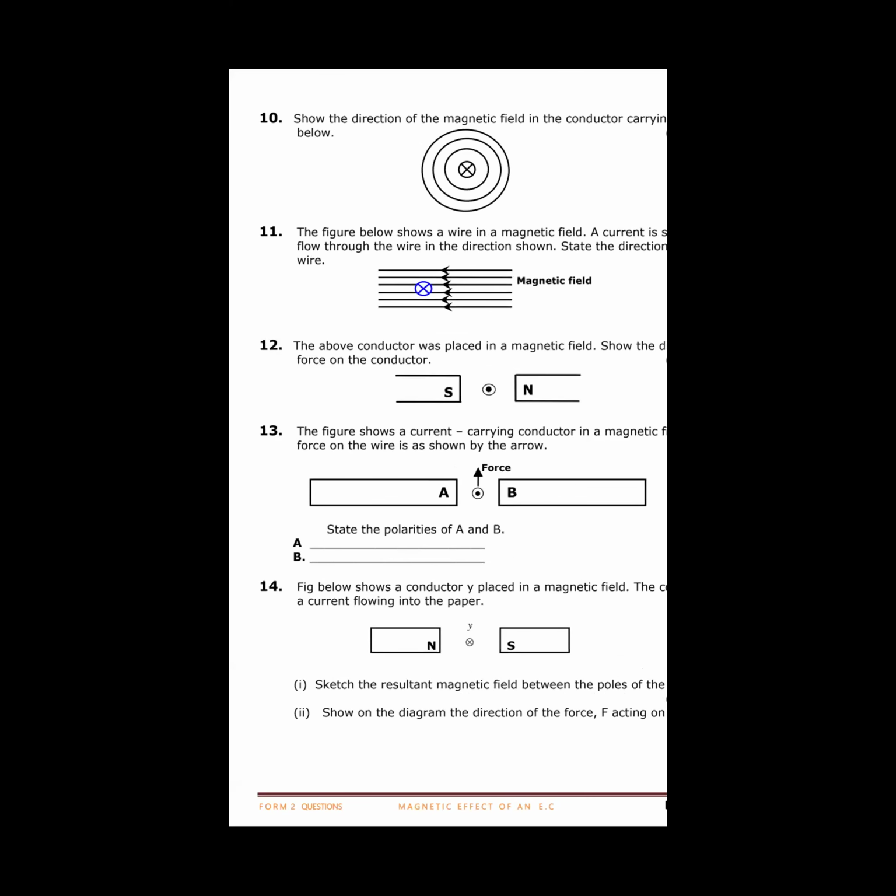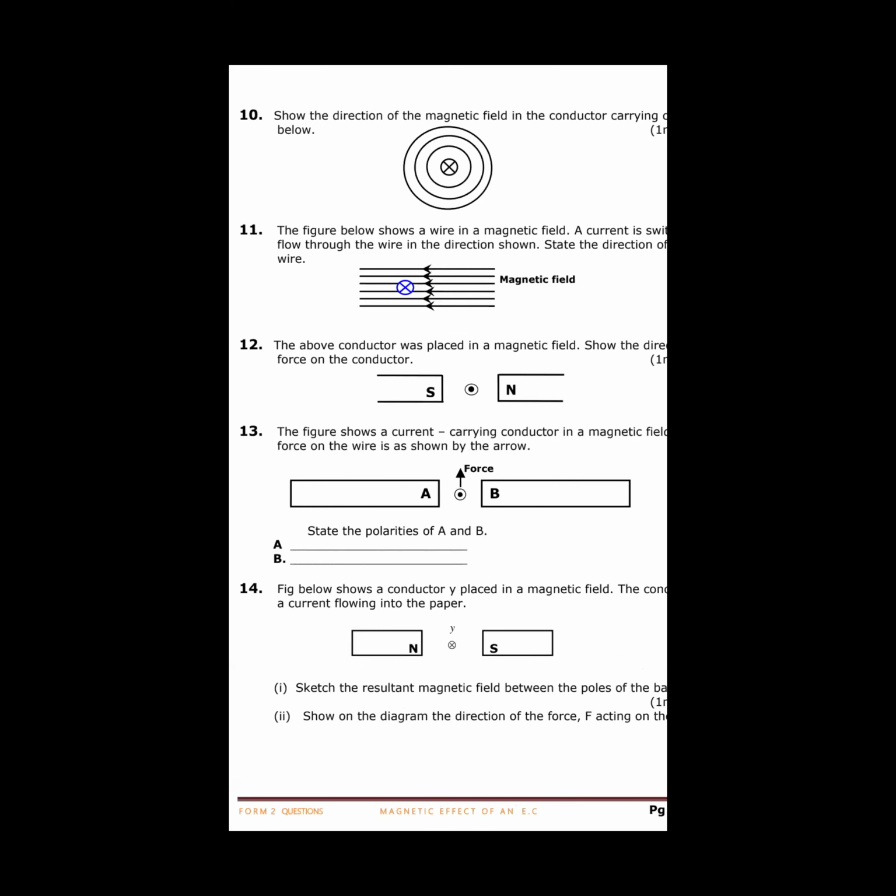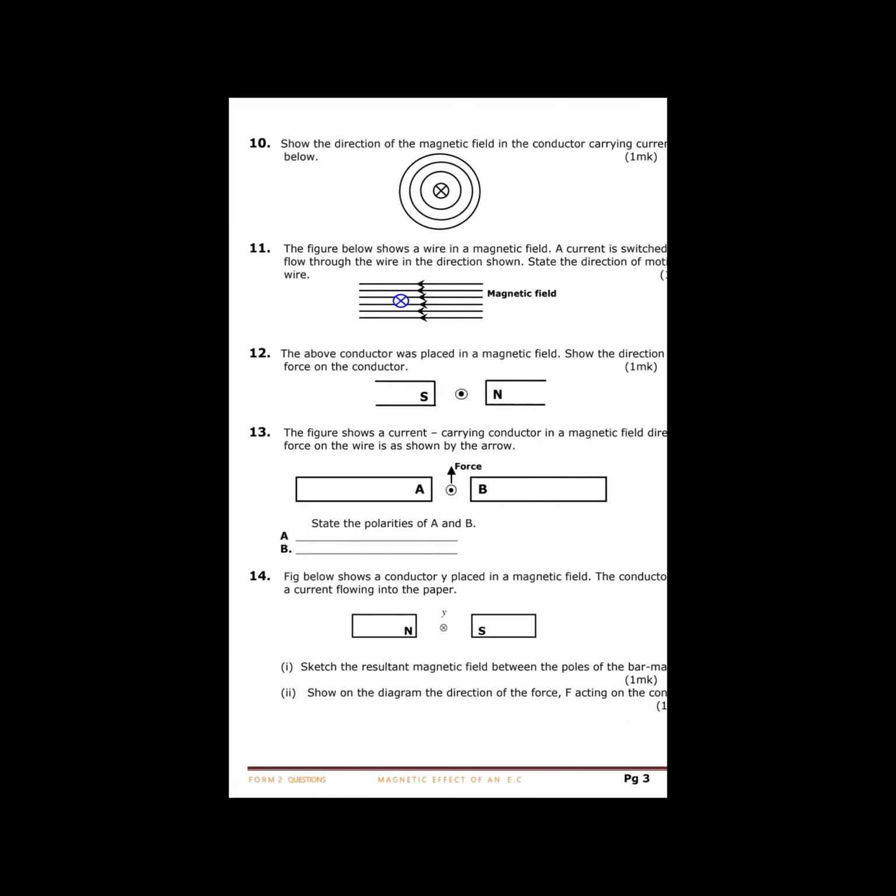Let us apply Fleming's left-hand rule. Let us begin by sketching that somewhere. The current is moving up. So the second finger, which shows the direction of current, is pointing upwards.